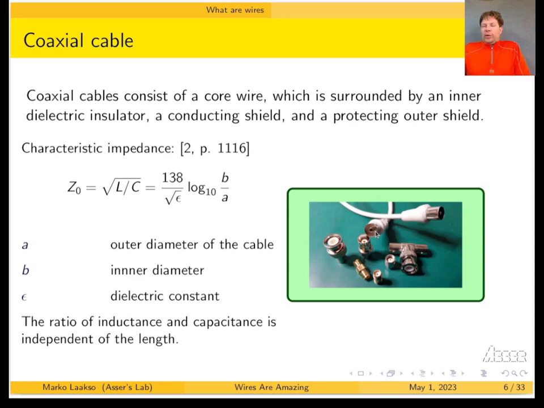And even further, if we go to higher frequencies, for example to visible light or something close to that, we can have optical fibers, and then you don't even have the conductive shield, but you have total internal reflections on the outer surface of the fiber.